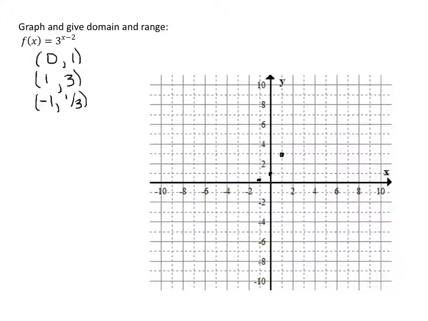So this point here is going to move over 2 units to here. This one will move over 2 units as well. And then this point will move over 2 units. So that the graph kind of looks like this.